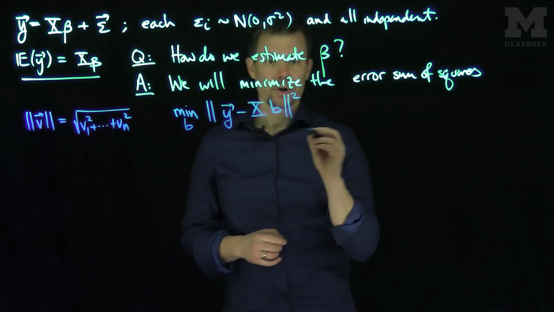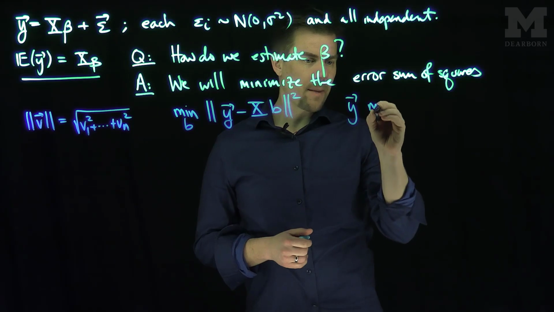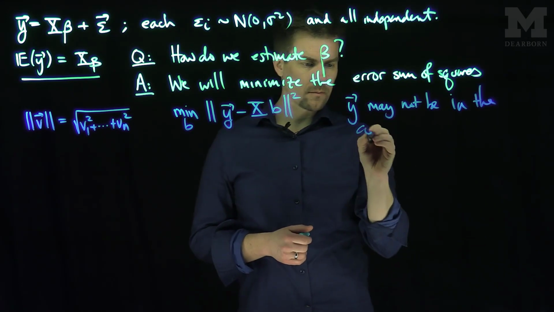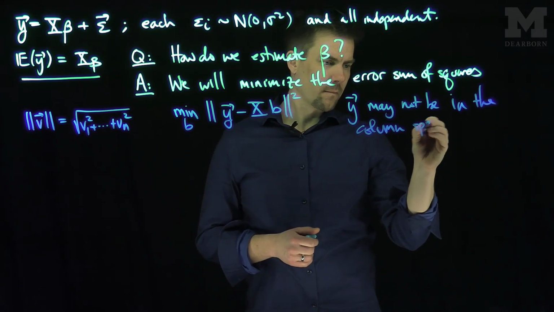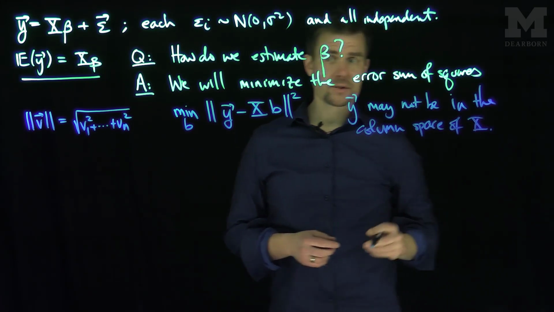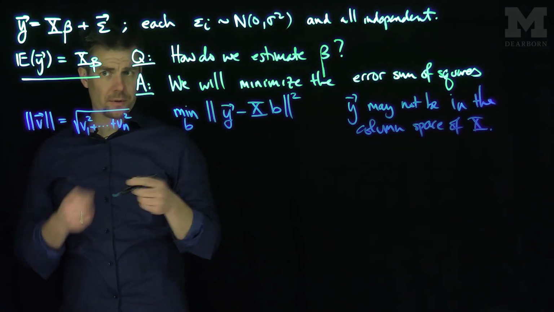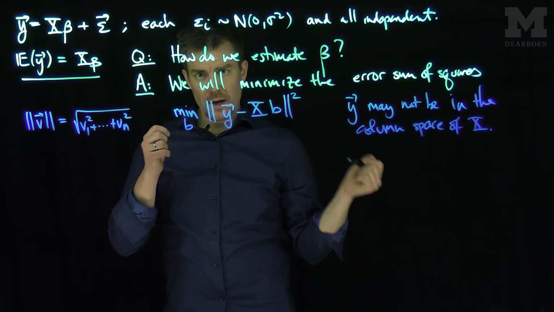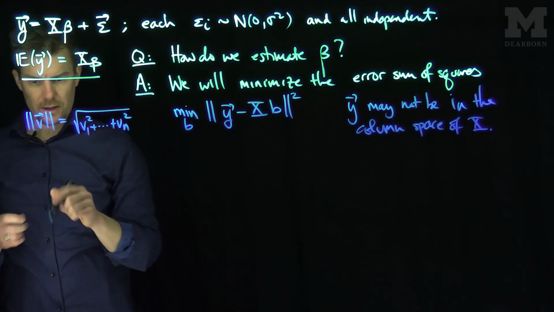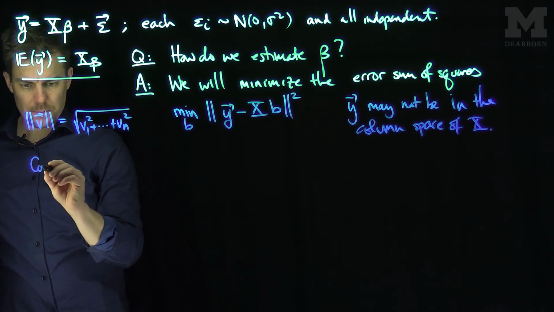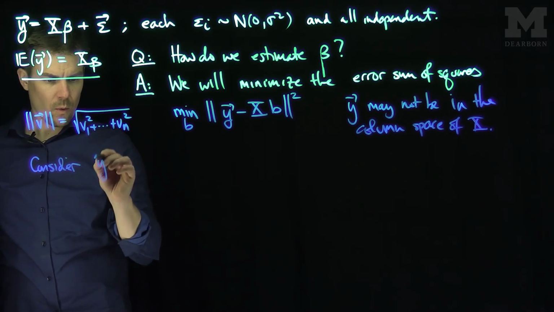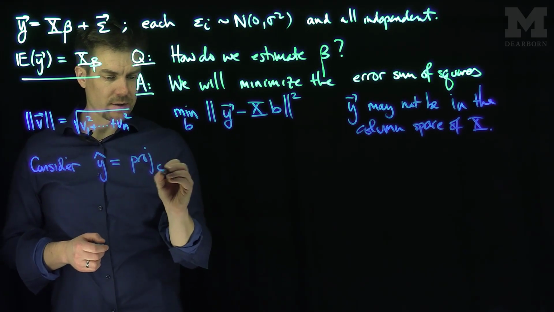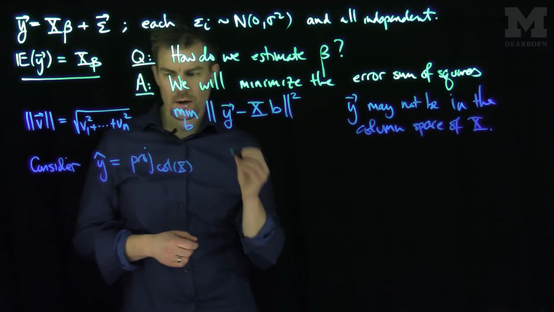But y may not be in the column space of the matrix X. So the solution to this problem is to look at the orthogonal projection of the y vector onto the column space of X. Consider a y hat. Y hat is the orthogonal projection of y onto the column space of X.